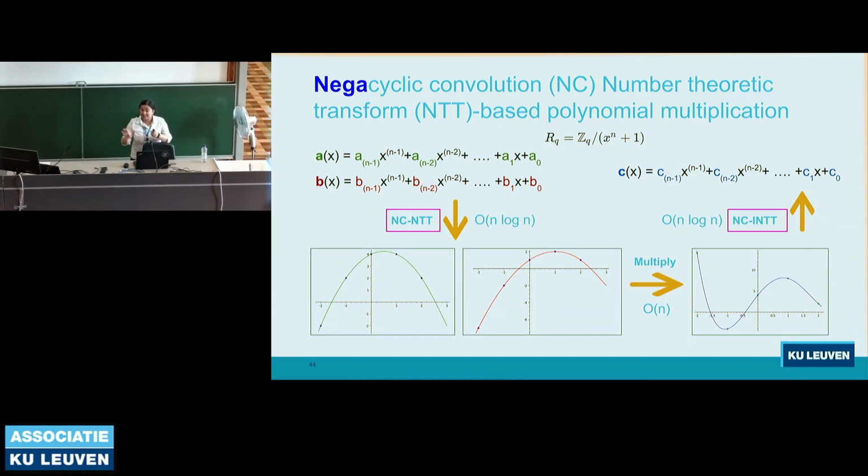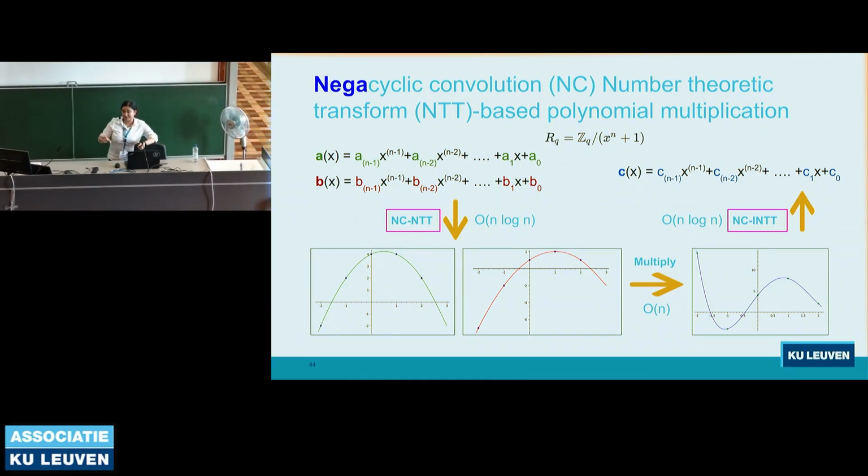But sadly, Kyber's prime doesn't really have a 2nth root of unity in that field, because n is 256 and their prime is too small to have a 2nth root. So Kyber uses something a little different.